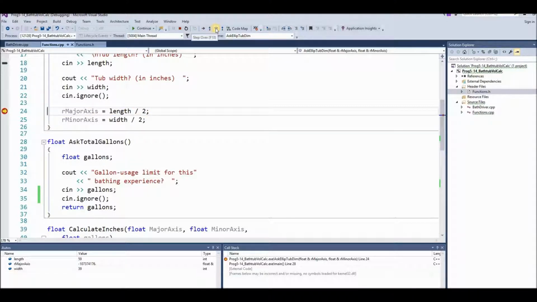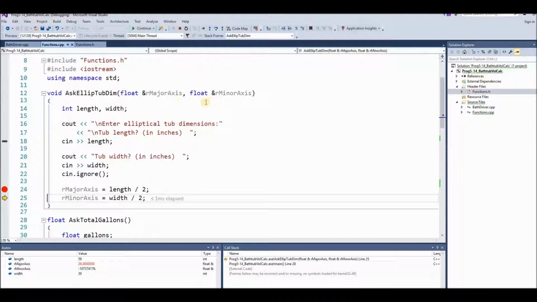You have to go to the next line. So let's go to the next line using F10, and we find out that we're getting 29. Huh. When we did it before, we got 29.5. Well, how did that happen? We put in 59. Half of 59 is 29.5.